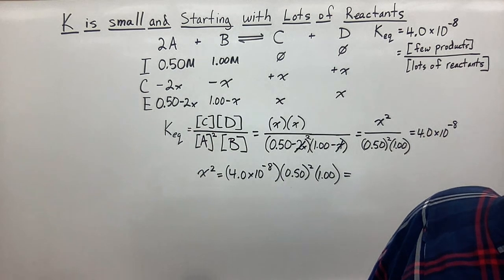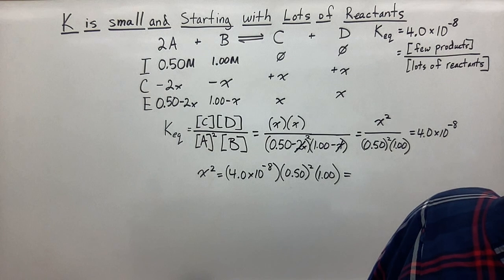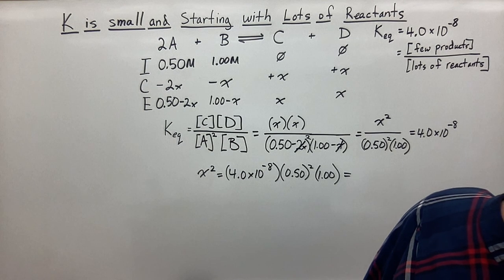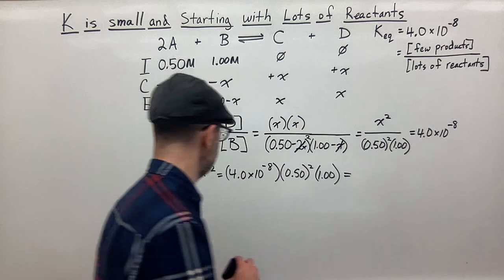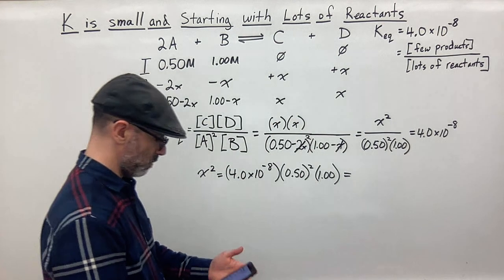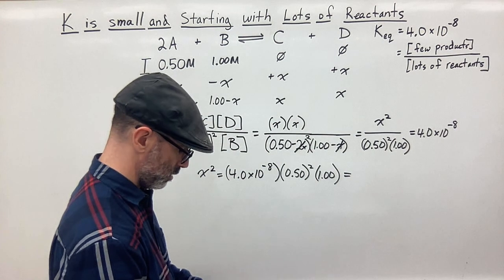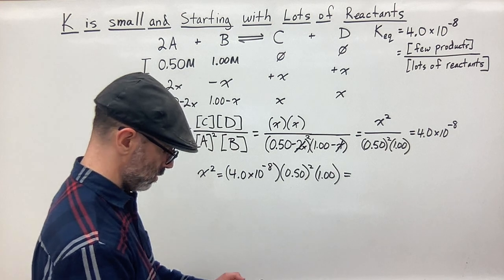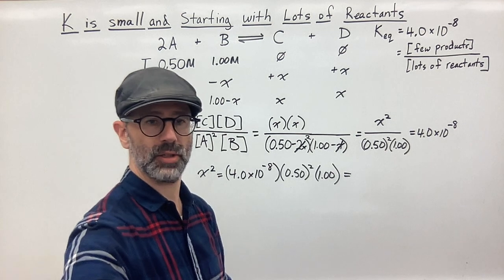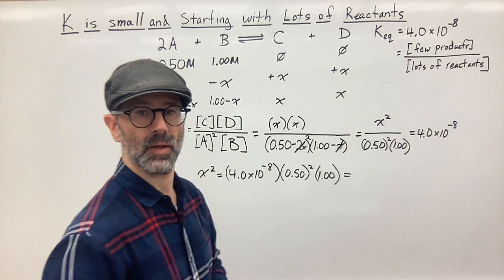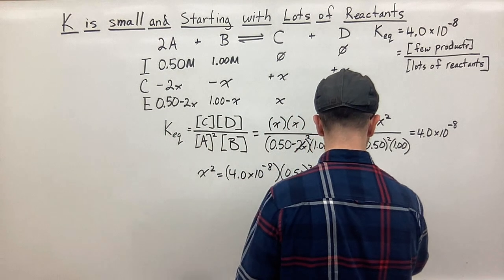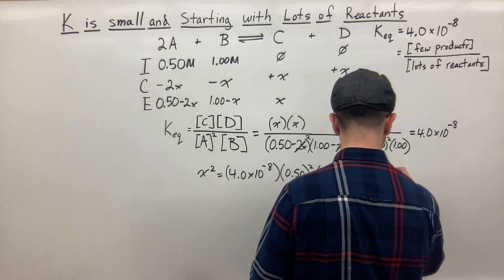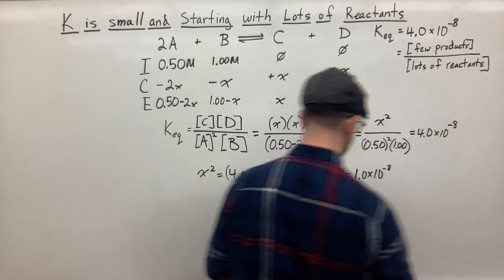So if I stick that in my calculator, what did I get? Okay, hold on. When you calculate that out, you get 1.0 times 10 to the negative 8.